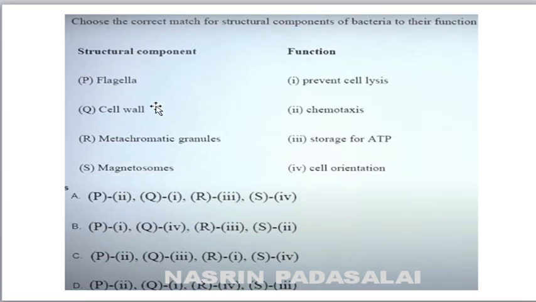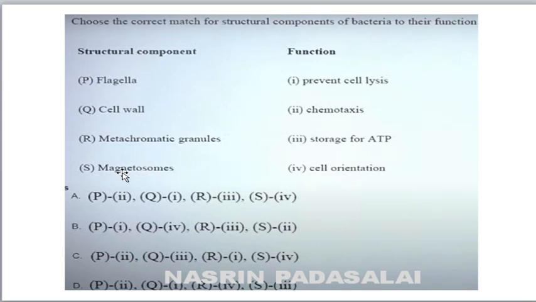Okay, and the cell wall is used to prevent cell lysis. So the cell wall is a protective covering of any bacteria. Next thing is the metachromatic granules. These metachromatic granules act as a storage hub for ATP. So they act as a reserve storage for energy and phosphate. Okay, and these magnetosomes are present in a few magnetic bacteria.